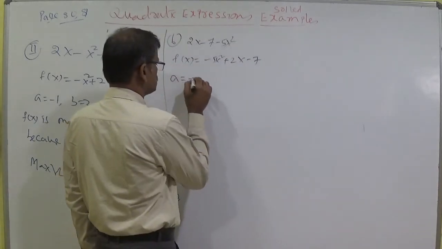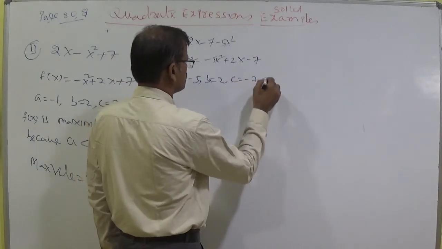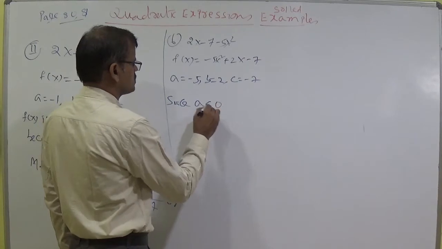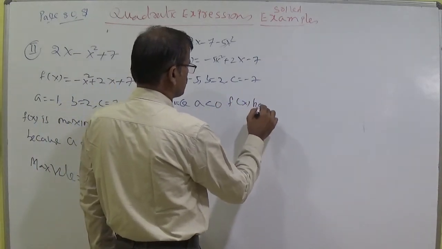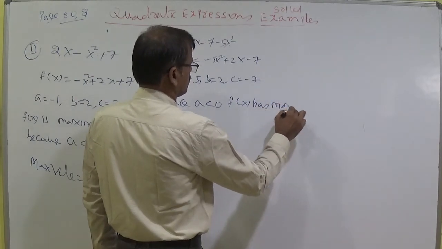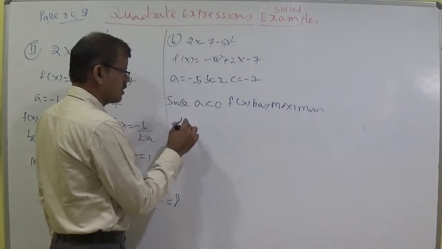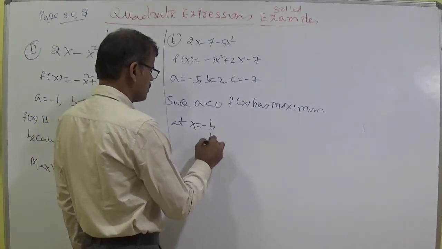Right, here a is equal to minus 5, b is equal to 2, c is equal to minus 7. Since a less than 0, f of x has a maximum.